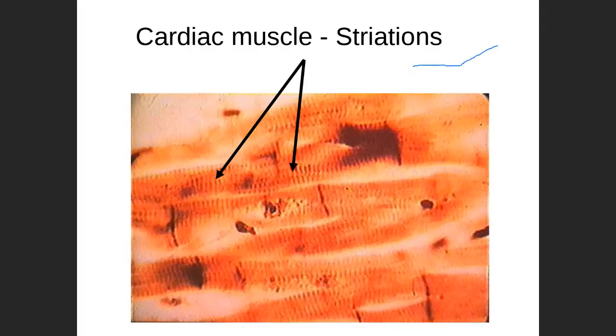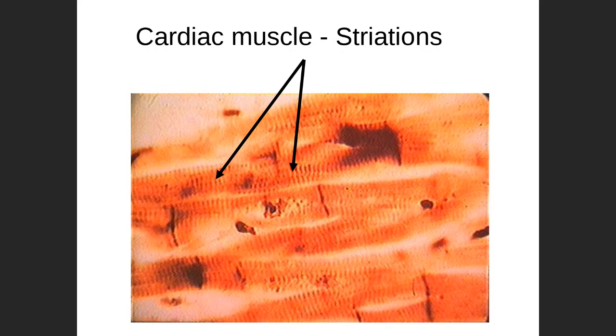So you'll notice that it'll branch out. You can see here's the cell that branches this way and branches this way. This is another cell here, branches this way, it branches this way. So cardiac muscles do branch out.